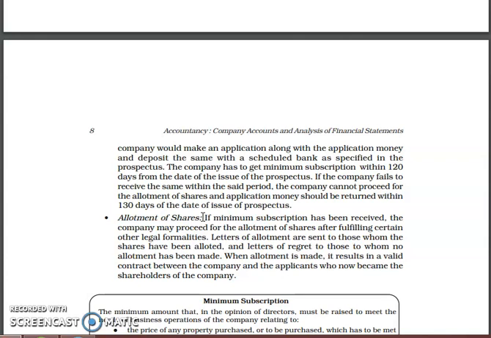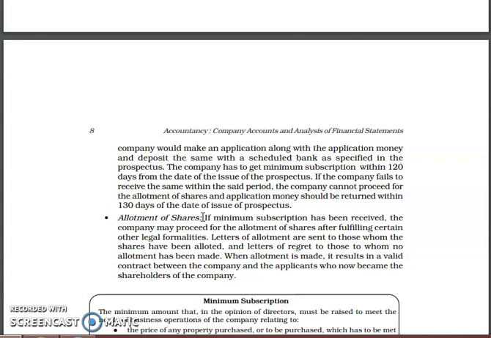The remaining 2,000 shares is a loss for them, as no one wants to buy it. This is under subscription. If the actual applications received are more than the minimum subscription, allotment can be made for all the applicants.